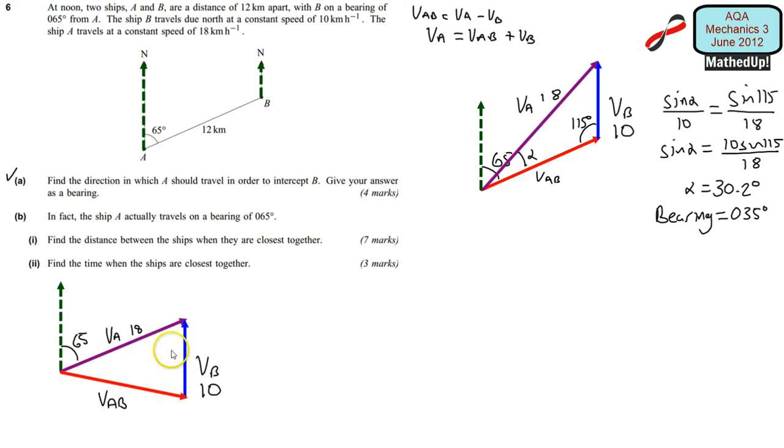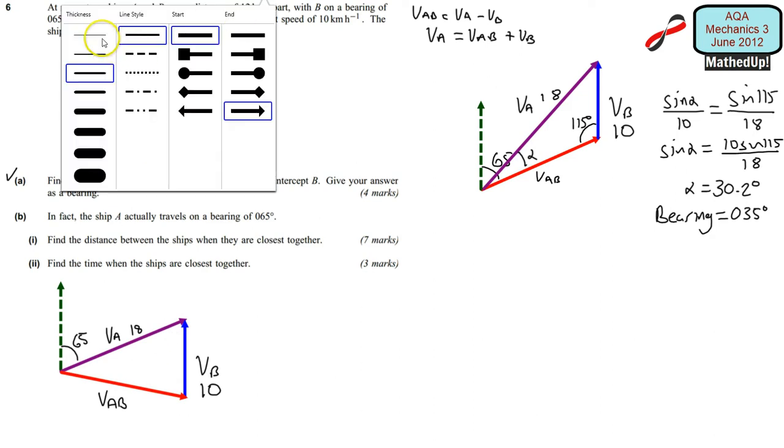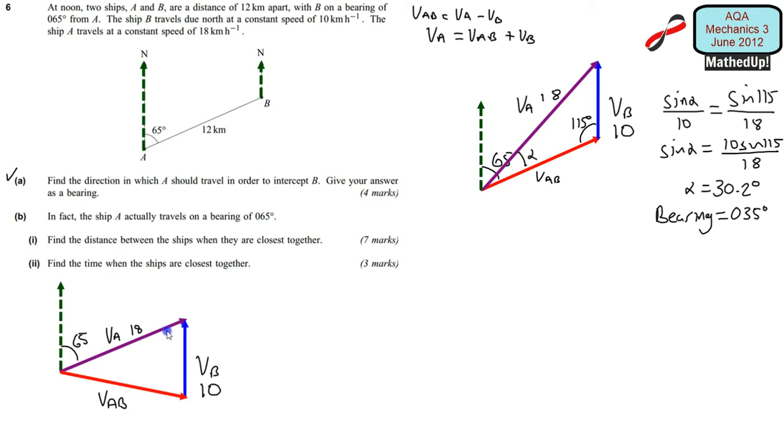Now that I've got that drawn in, I need to mark in the angles that I know. These are alternate angles over here, so that one's 65 degrees and that one's also 65 degrees.